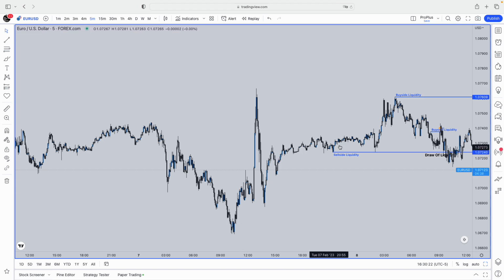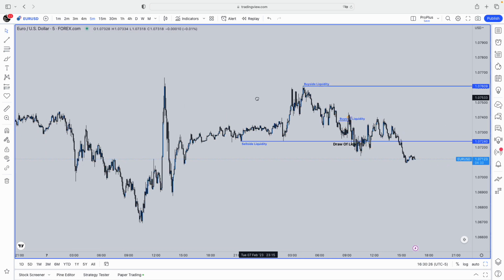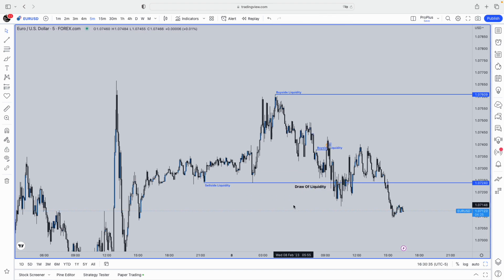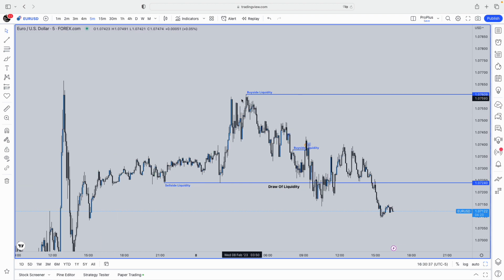then pushed up. So this is buy side liquidity here, and then before it pushed up here, sorry, it made equal lows here. So this is sell side liquidity. So this could be potentially the draw liquidity that I saw.